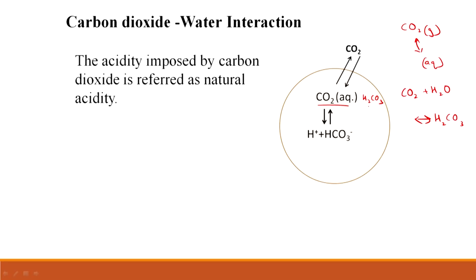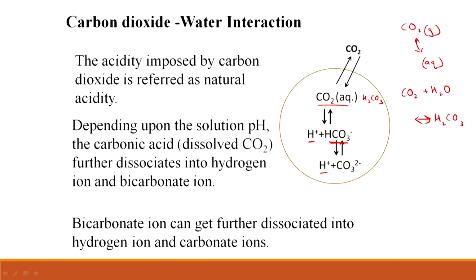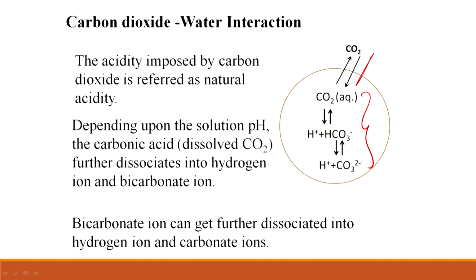As we know, H2CO3 can dissociate into H plus and HCO3 minus, and HCO3 minus can further dissociate into H plus and CO3 2 minus. So, you are going to have this system in equilibrium, or if equilibrium is reached, you are going to have a fine balance between the phase change reactions and the acid base reactions. All these acid base and phase change reactions are going to play a role in deciding where the equilibrium is going to be and what the pH and such variables are going to be.